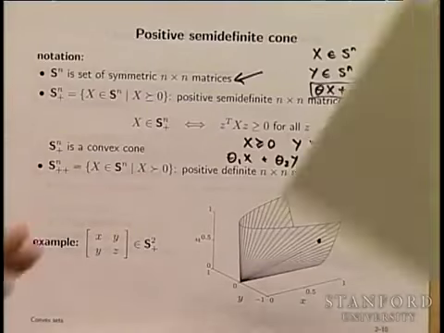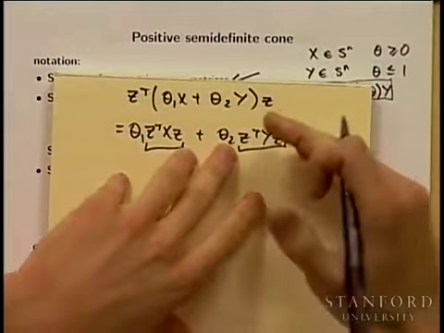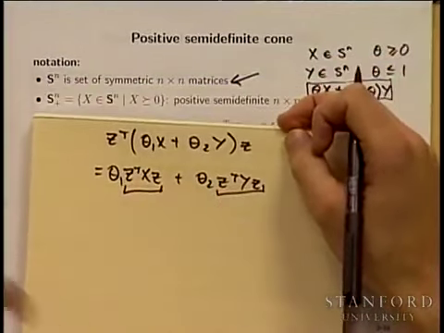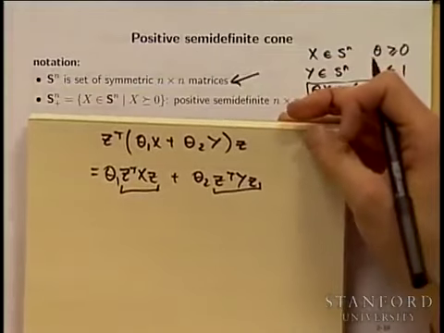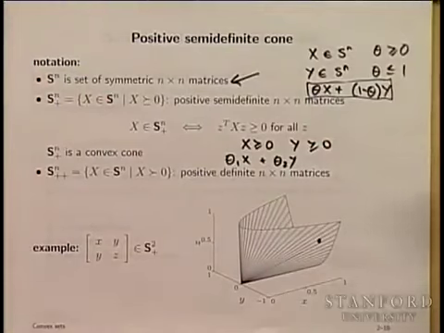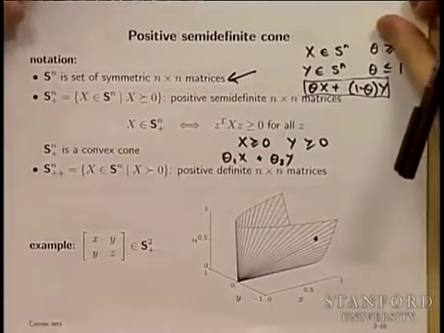But this proof here never used the fact that they were symmetric. So yes, the matrices don't have to be symmetric, but there's never really any reason why we would care. There's no harm in taking any matrix said to be positive semi-definite and immediately symmetrizing it without loss of generality.